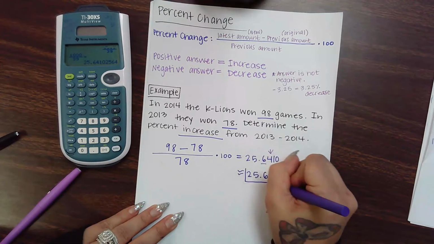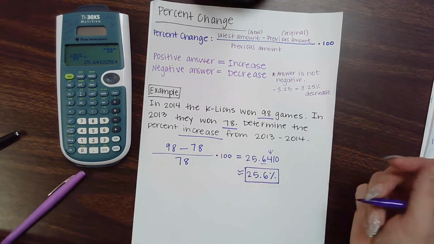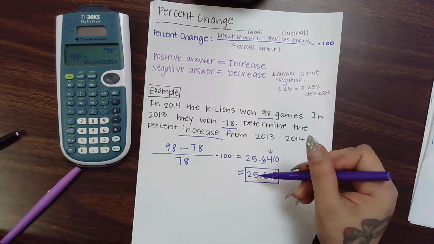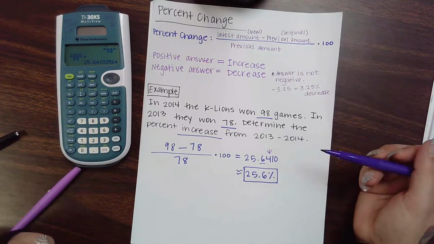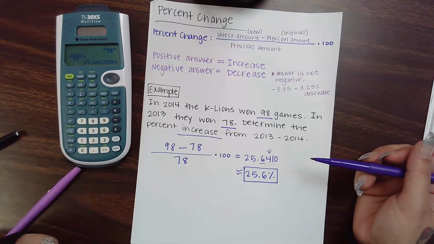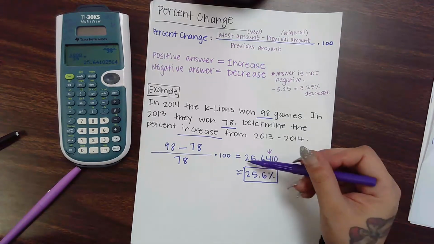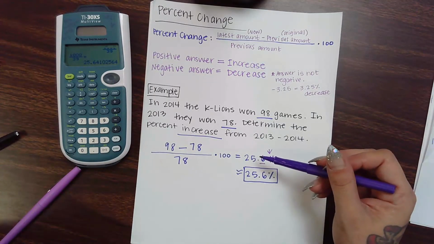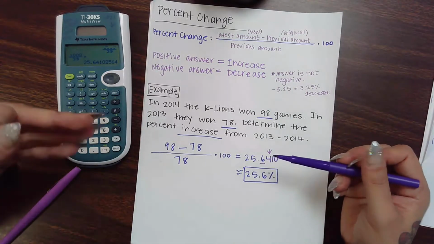And y'all, that's actually where I live. The Coffin lines from 2013 to 2014 had a 25.6% increase in the games that they won. Whenever I put this into my calculator and got a positive 25 point whatever, it was positive, so I knew it was an increase.